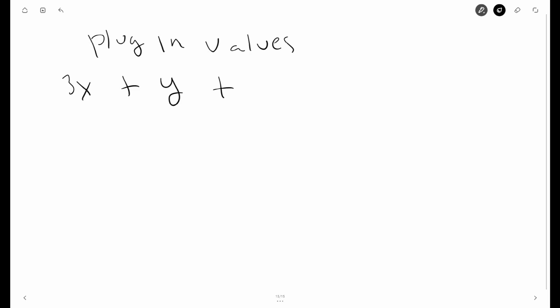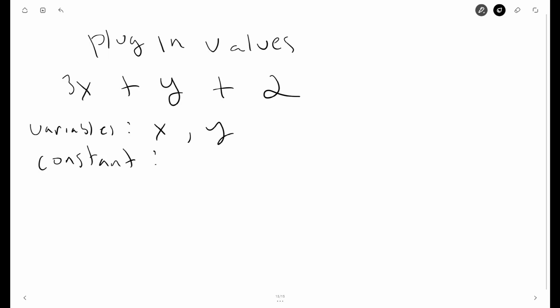Okay, so now let's look at two examples and plug in values to see how it works. For example, 3x plus y plus 2. The variables are x and y, and the constant is 2.